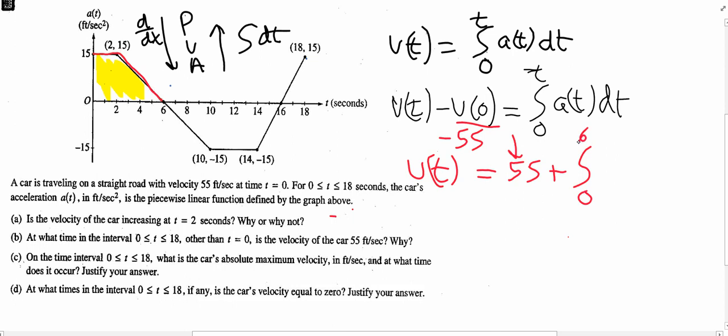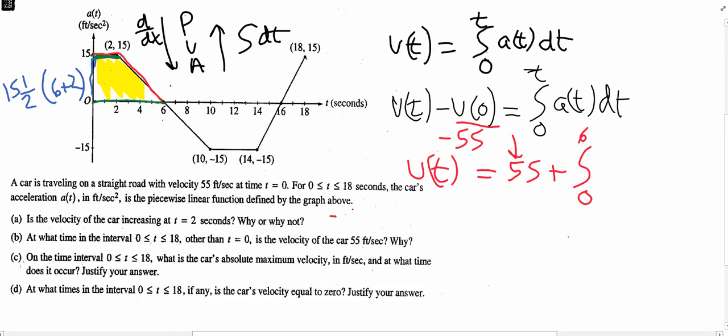So in the first example, we're going to go from 0 to 6. And let's see what we have there. Well, that's a trapezoid, and I'm going to use this as my base, and this is my base right here. And the height would be 15. So the area of that would be, I'll just do it over here, 1/2 times 6 plus 2 times 15.